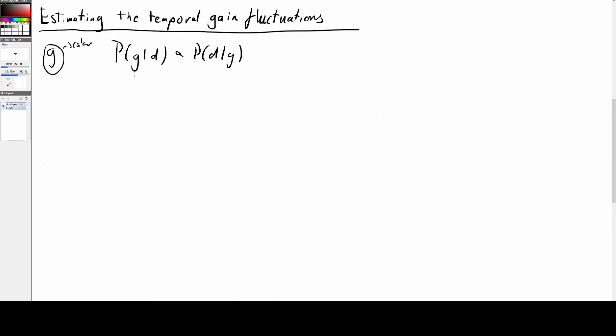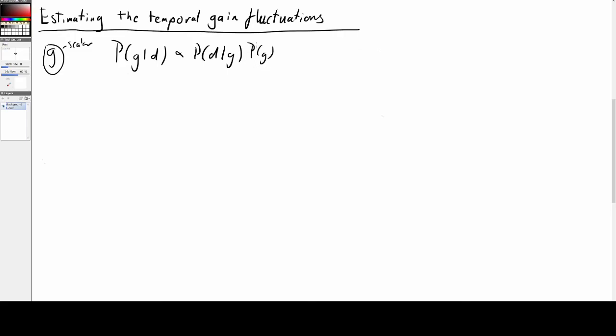What that statement implied is that the so-called prior, which should also be part of this in Bayes' theorem, of course, is set to 1. Basically, we're saying that we don't know anything about the gain at all.